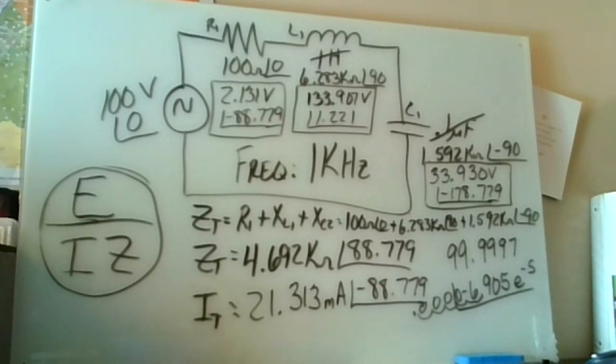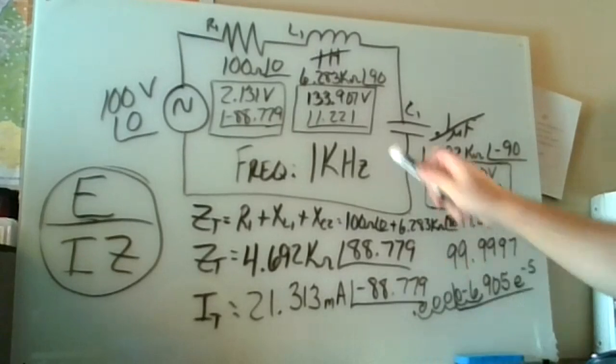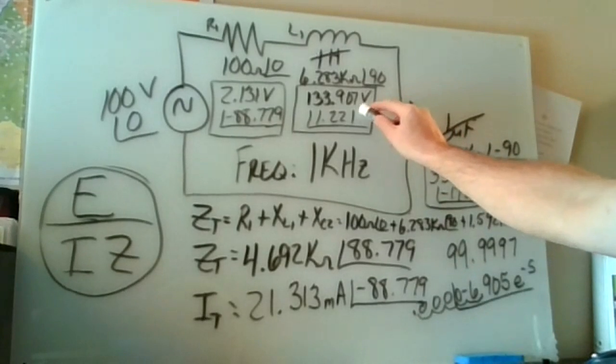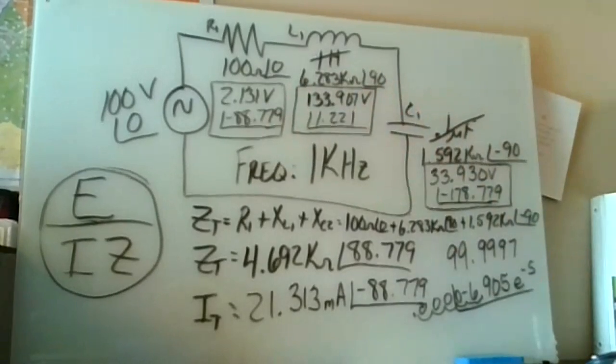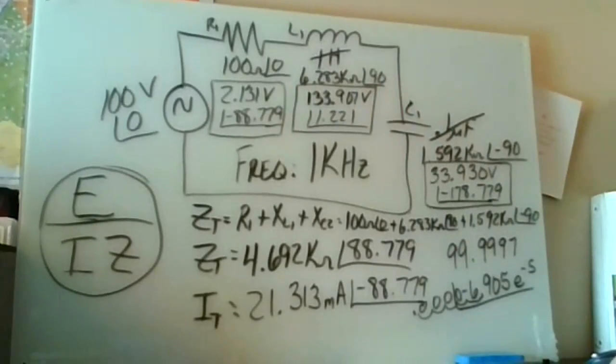These are not going to be as easy as DC, where you can look at it and go, oh, yeah, they all add up. You're actually going to have to punch them in your calculator and add them up to make sure they're correct. This is 133 volts, but because of the angles on these, when you add them up, it still comes out to 100 at an angle of 0.